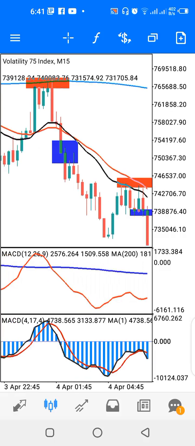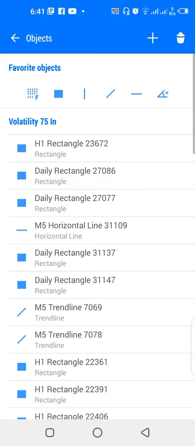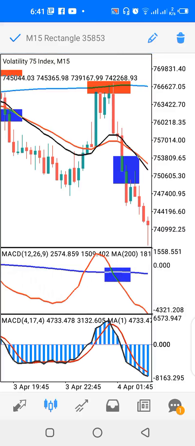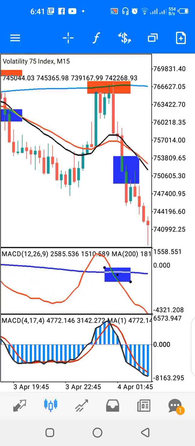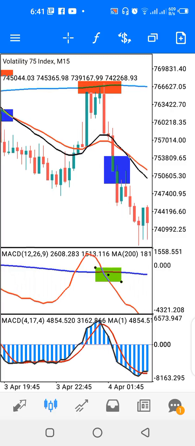Now let's go to indicator window 1, which is very simple. Anytime the red line crosses down on the blue line, let me change the color to green, this is a sell signal.